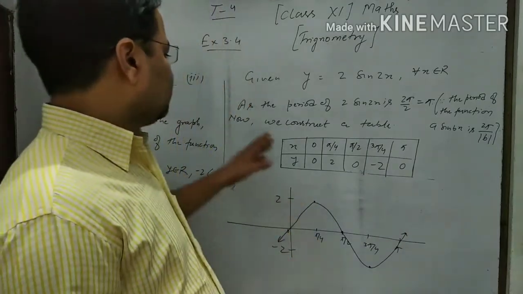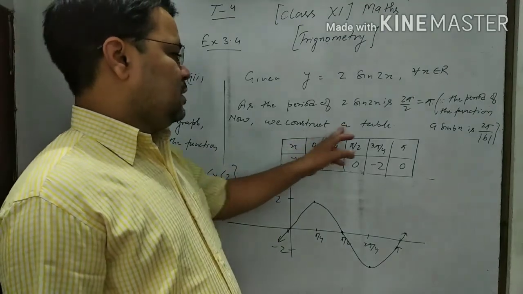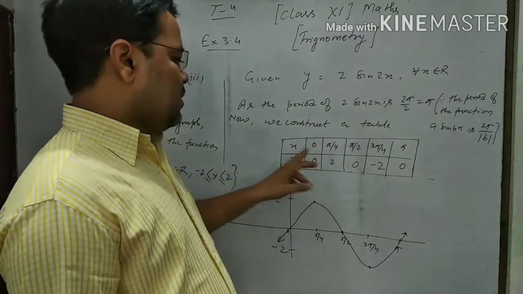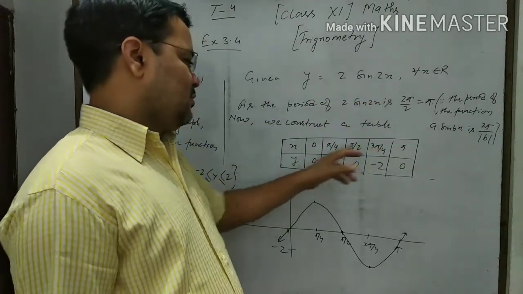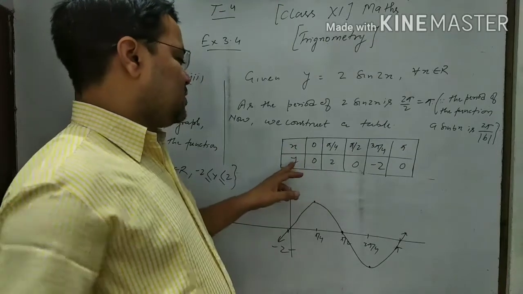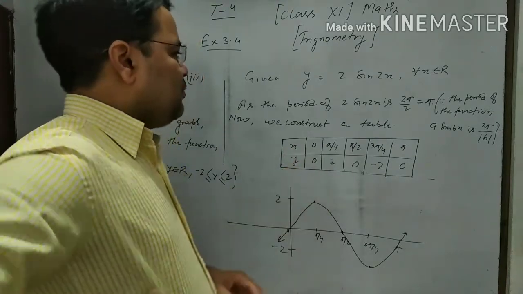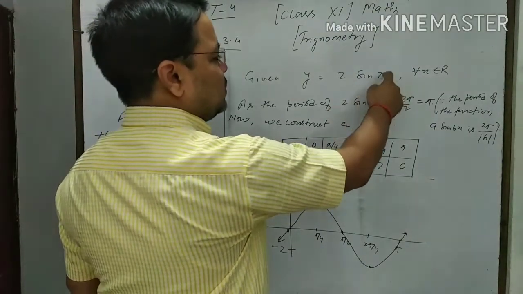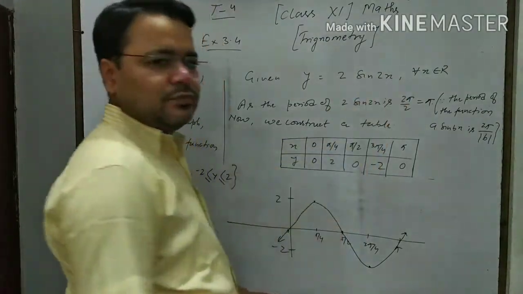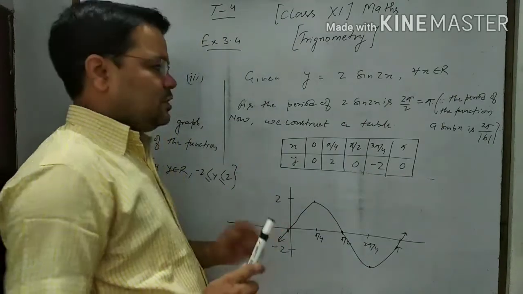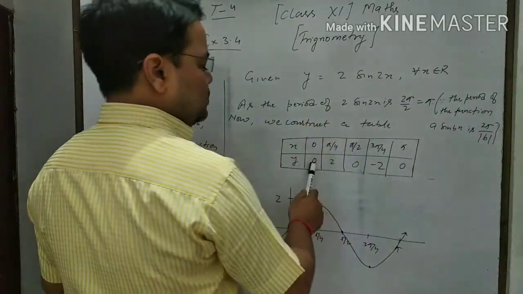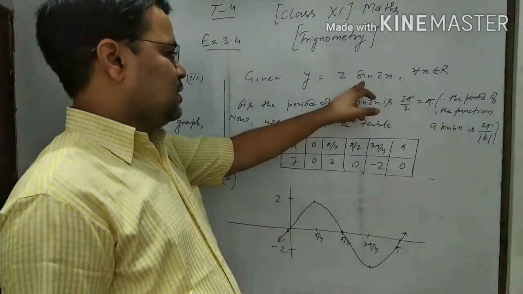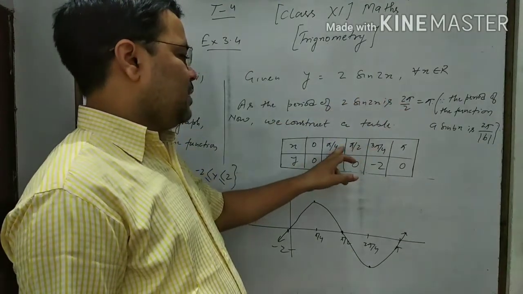Now let us construct a table. Here we know that y is equal to 2 sine 2x. So here we first write the value of x and then their corresponding value of y. If we put x is equal to 0, at that time its value will be 2 sine 2 into 0, means 2 sine 0. And we know that sine 0 is 0, therefore y is equal to 0. Getting? Now we find the value of this function at x is equal to pi by 4.